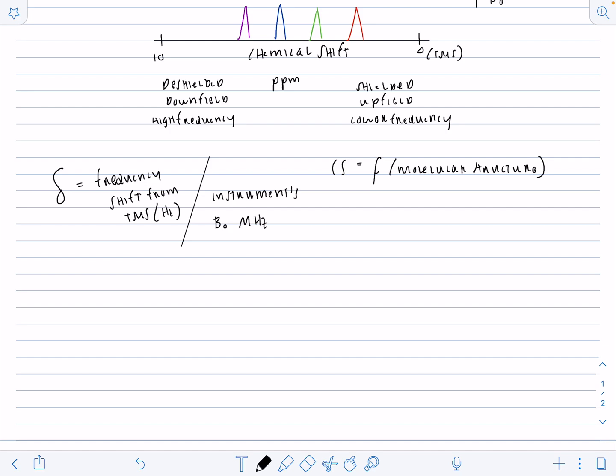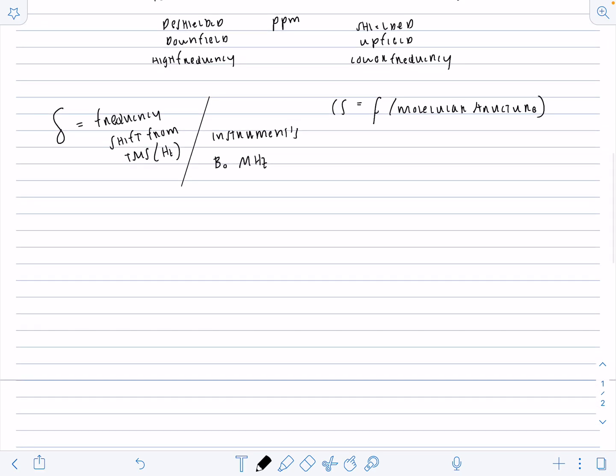So if we were given a value of 7.3 ppm for chemical shift, and we were given that the instrument's megahertz value was 300, then we would be able to solve for the frequency at which that chemical shift value actually happens relative to TMS. So that's math that you can do by yourself. So we're just going to keep rolling.